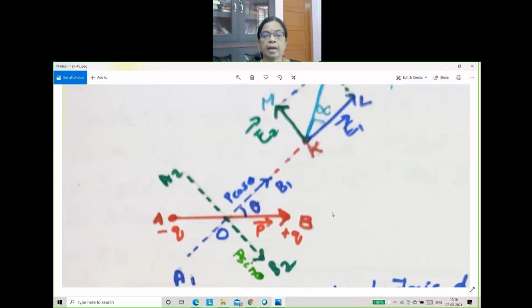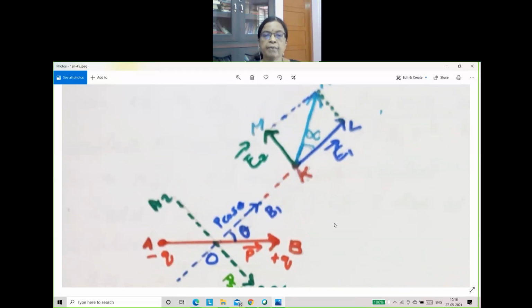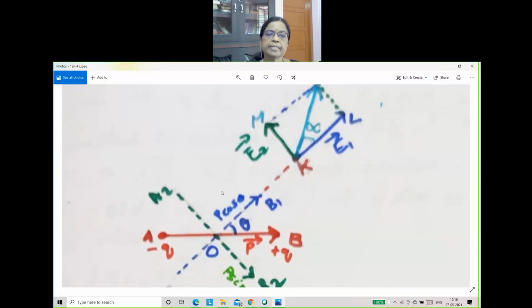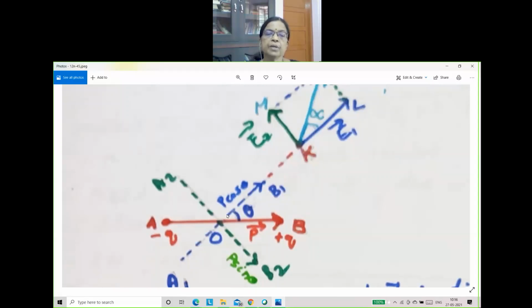Then where is K? This is the P cos theta component, so it is along the axial line of P cos theta. Here we can draw A1B1, and the component P cos theta lies along it. So now K is along the axial line.